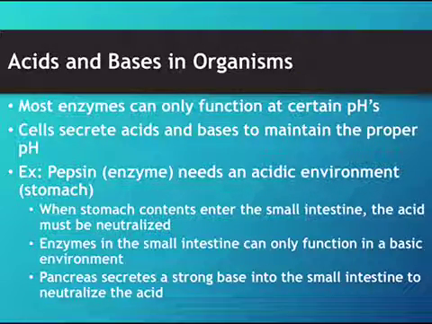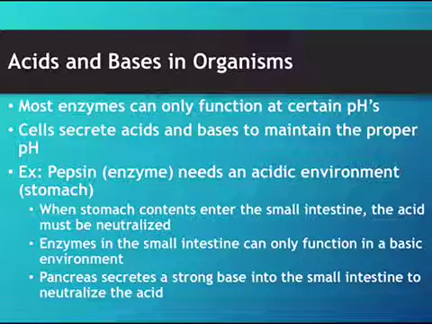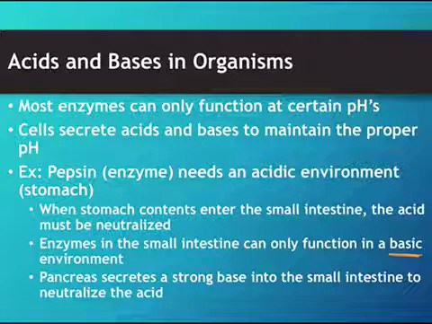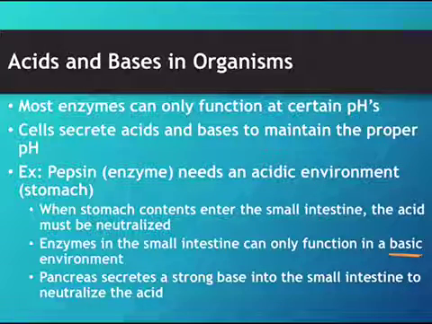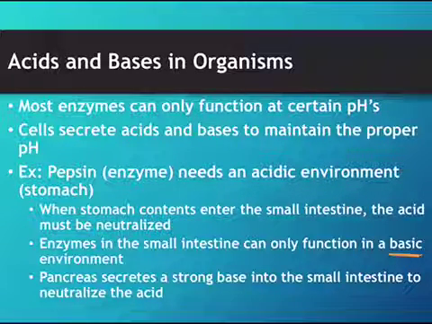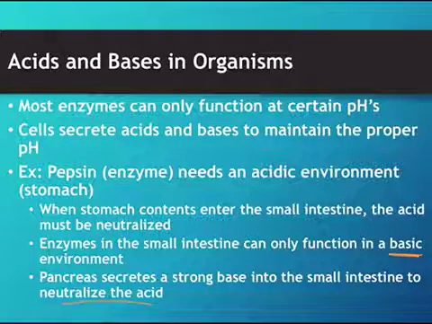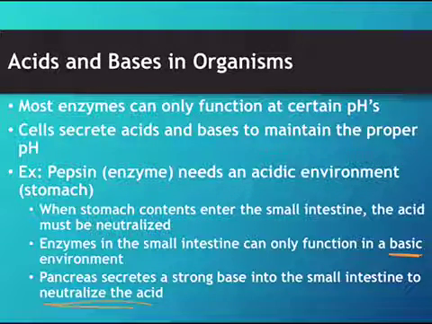But then when the stomach contents need to enter the small intestines, that acid needs to be neutralized because the enzymes in that small intestine can only function if it's basic. So we have an organ called the pancreas that will secrete a strong base into the small intestine to help neutralize the acid. So then the enzymes in the small intestine can function.